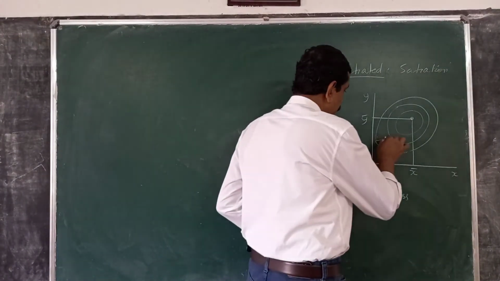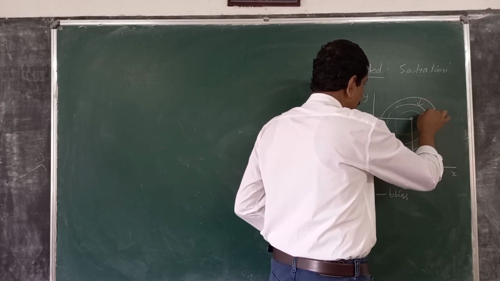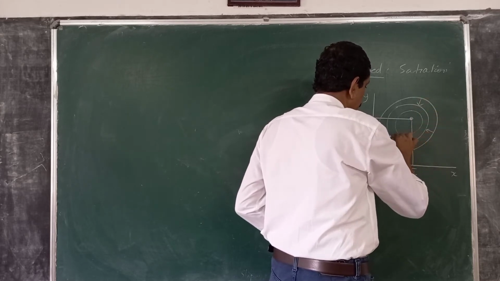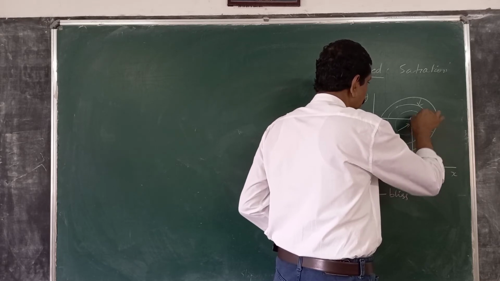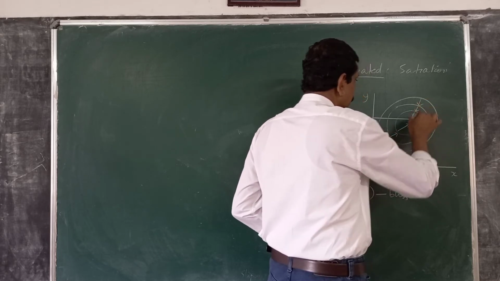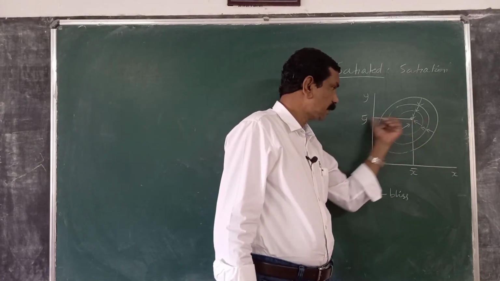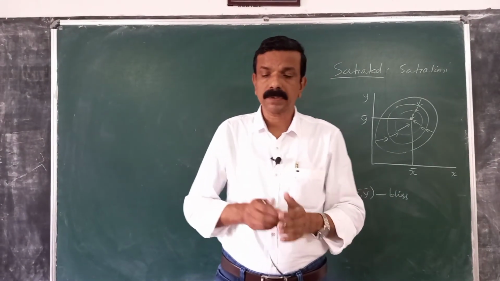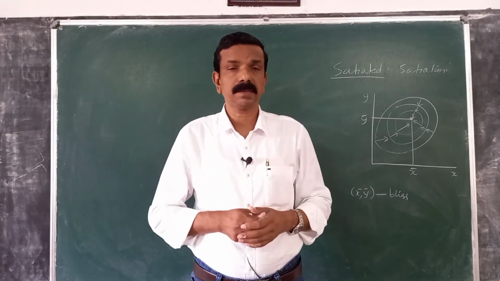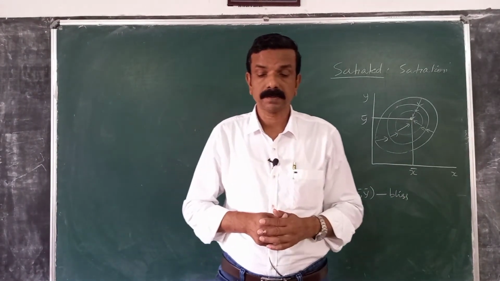The direction of increasing utility is given like this. The satiation point is given by X bar, Y bar, and this is the point of bliss where all the wants are satisfied.